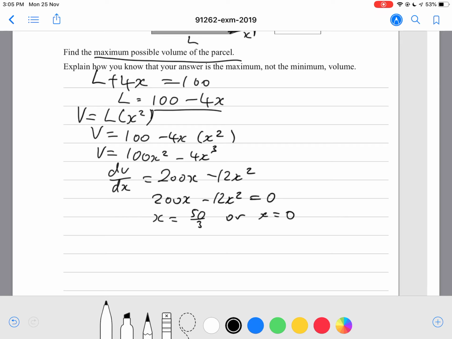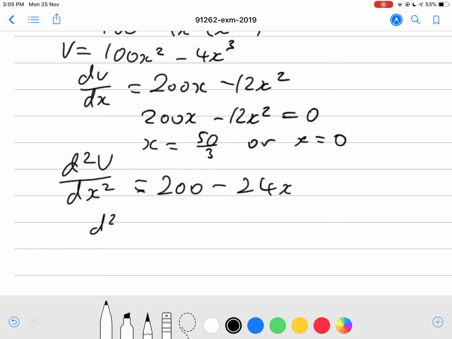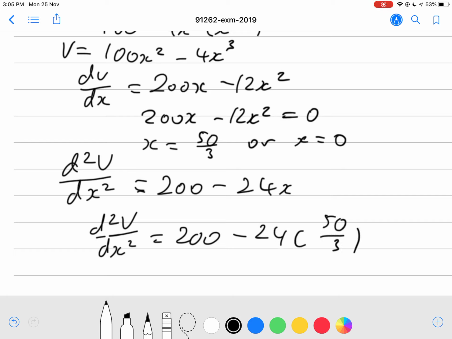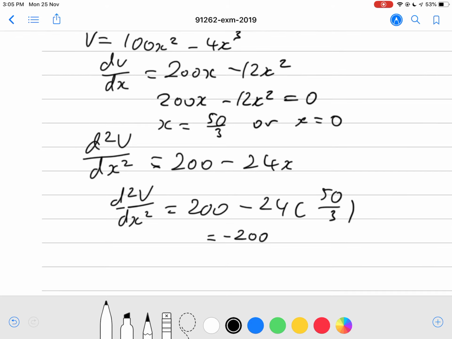Alright, so we have to explain that our answer is a maximum, not a minimum. So we're going to use our second derivative test. So d squared V over dx squared, if we differentiate a second time, is 200 minus 24x. Now we substitute x equals 50 over 3: 200 minus 24 times 50 over 3. That should give you negative 200.